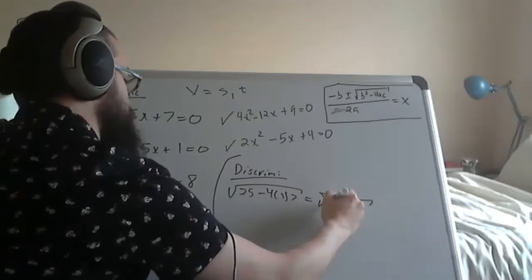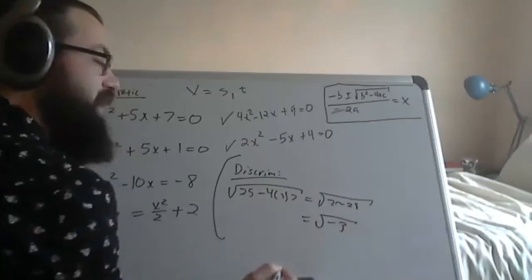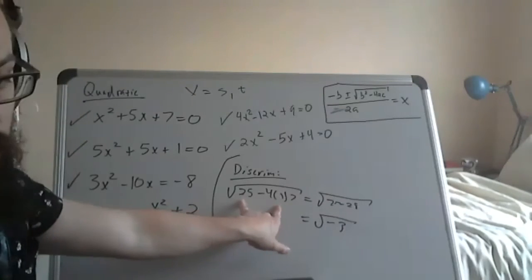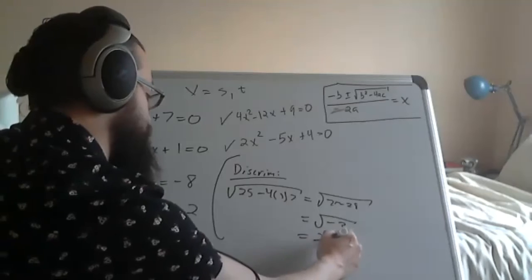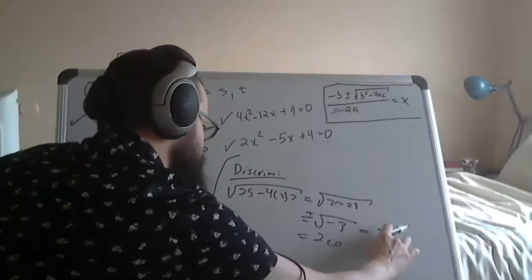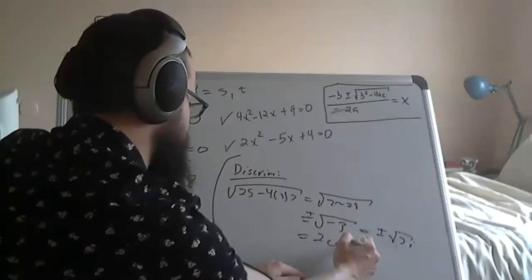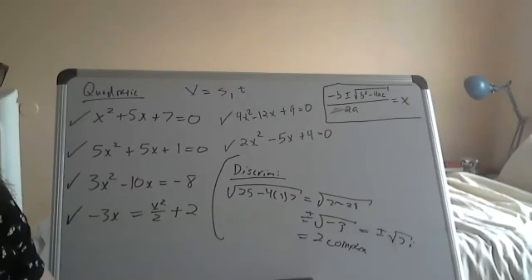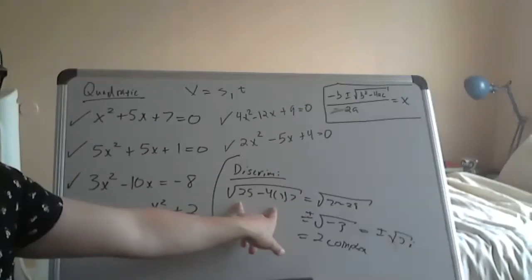So that gives us 25 minus 28, which gives us -3 under the radical, meaning the discriminant is negative, which gives us, since this is going to be plus and minus √3i, two complex solutions. Our b squared minus 4ac is negative.